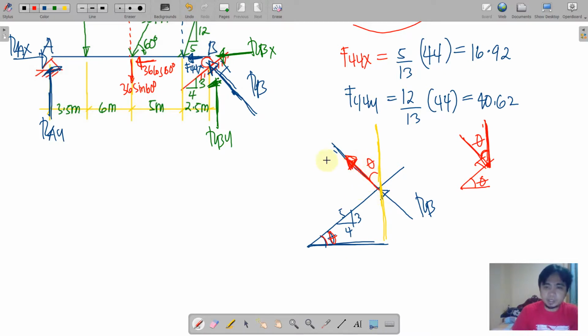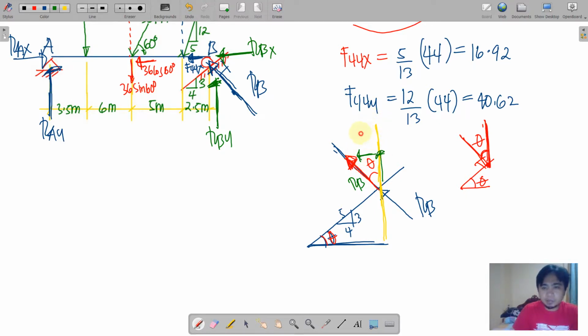So therefore, if this is RB, okay, therefore the vertical component is this one, and the horizontal component is this.